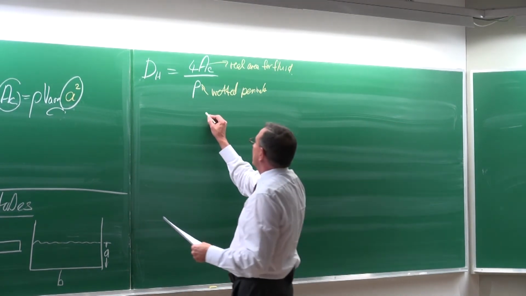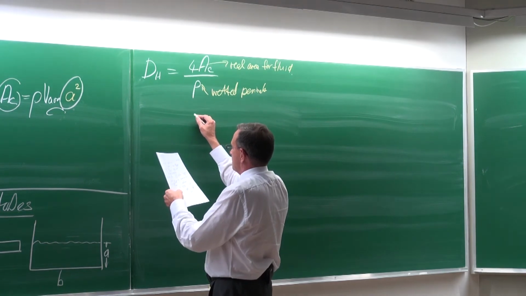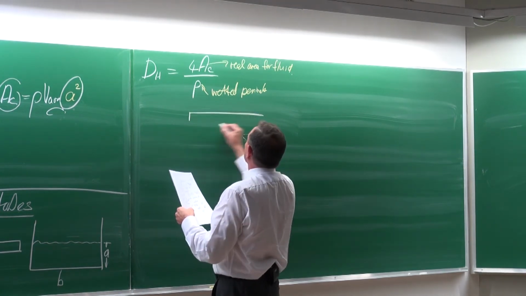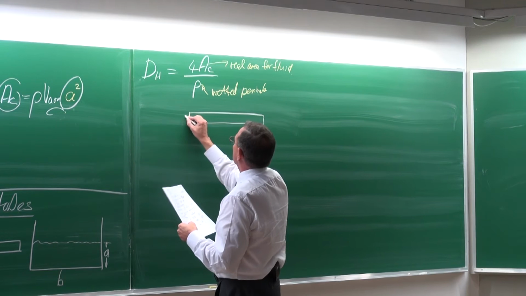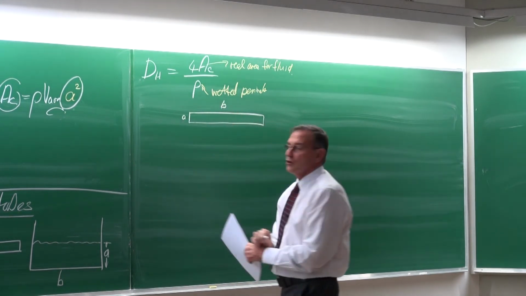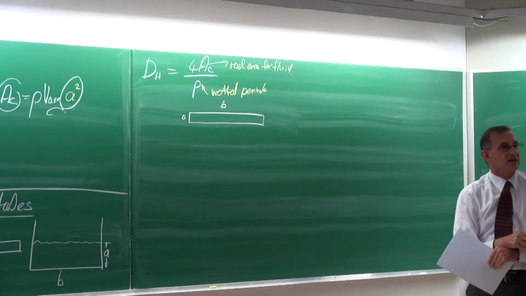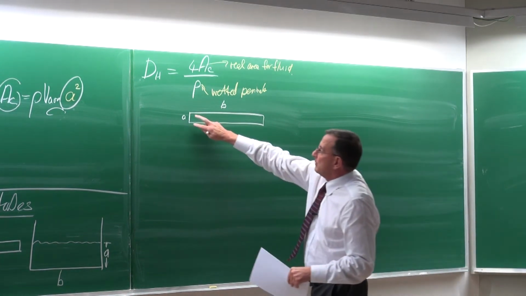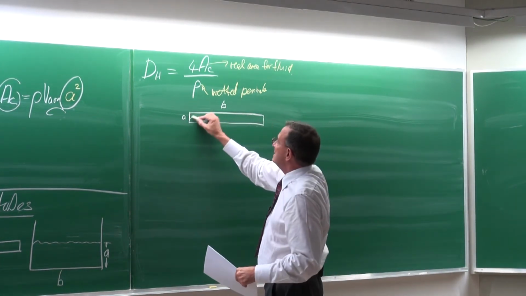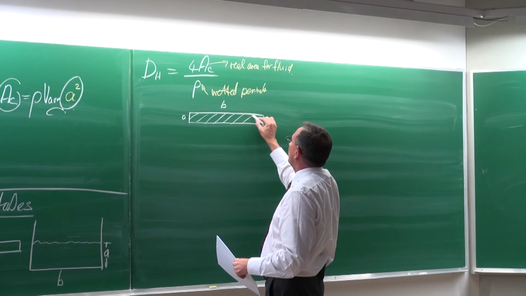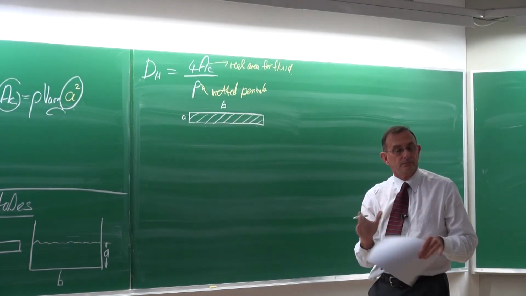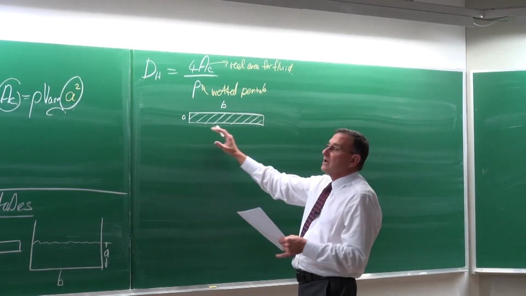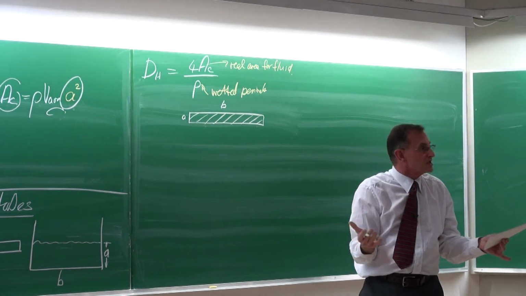So let's look at the case of a rectangular cross-sectional area like that, a duct of dimensions A multiplied by B, and there's air or water flowing through it. So it makes all the surfaces wet.